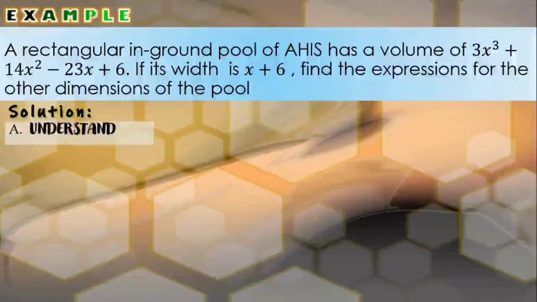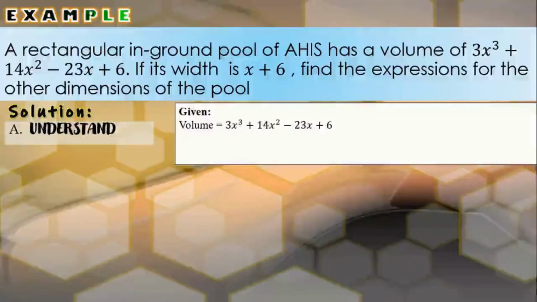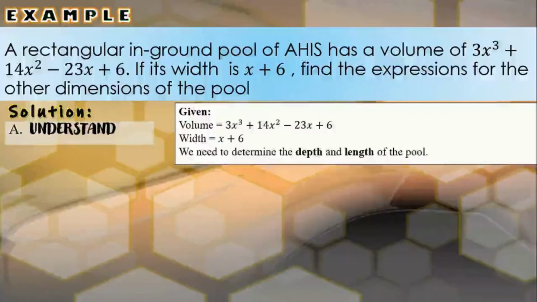So for our solution, the first is we have to understand the problem. So what are the given? So again, the given is volume, which is 3x cubed plus 14x squared minus 23x plus 6, and the width, which is x plus 6. So ang hinahanap natin ay yung depth at yung length ng pool.